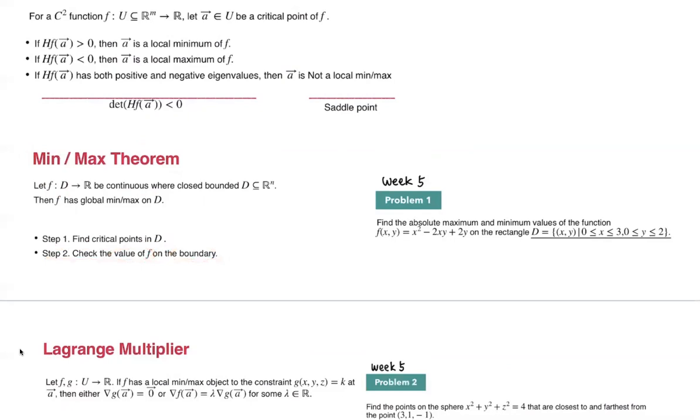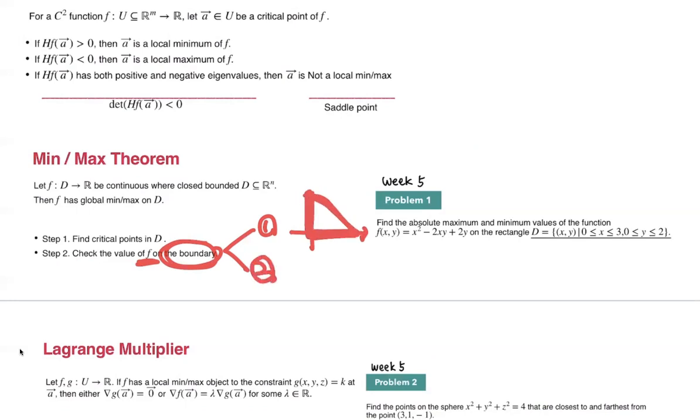Actually, there are two methods to find the maximum and minimum of the function on the boundary. The first is to check the values along the curve of the boundary.